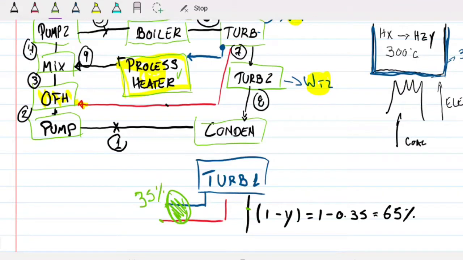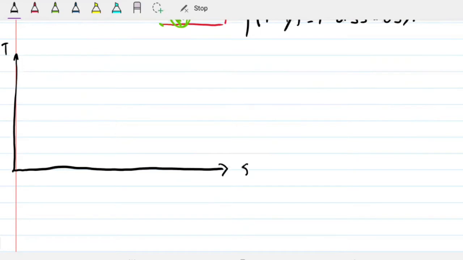Okay, so let's look at our TS diagram. I might take advantage of this line here. Okay, my state 1, like before, nothing changes, and then I go up to state 2. State 2, I have the open feed water heater, and I end up at state 3.